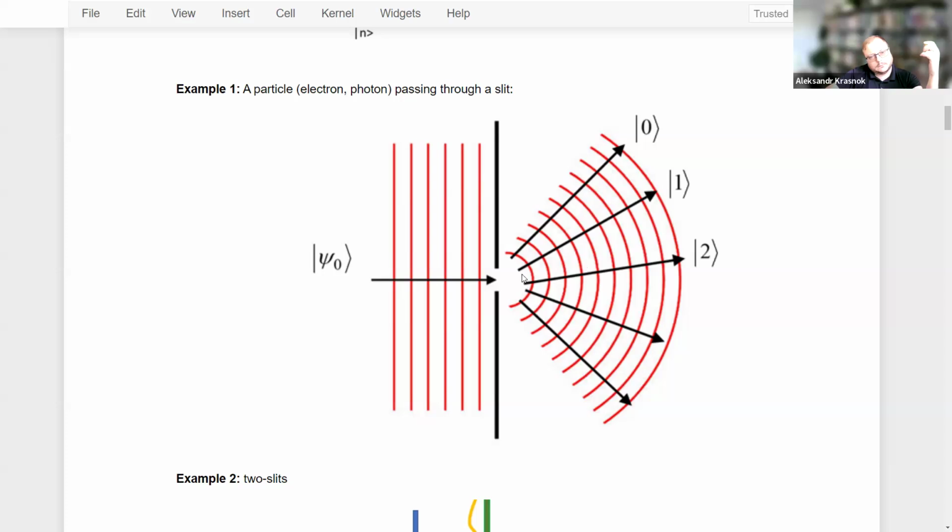And this is essentially the result of an experiment. When the electron scatters from this slit, it forms a cylindrical wave like shown here, which means that a single electron can propagate in any of these directions, direction 0, 1, 2, and so on.